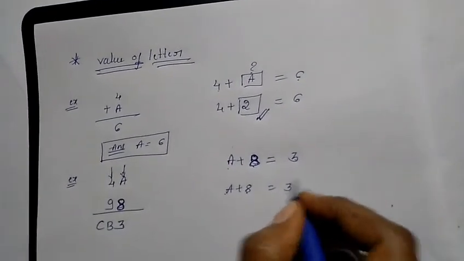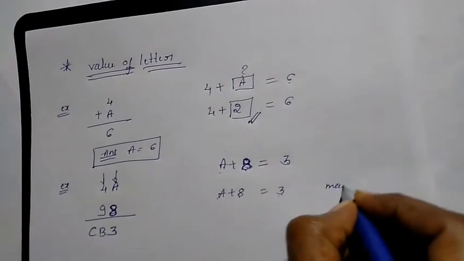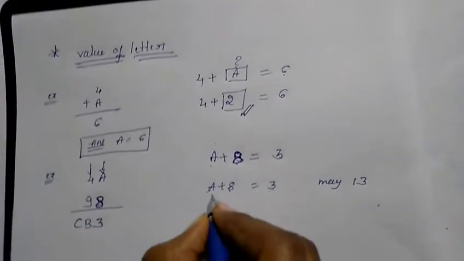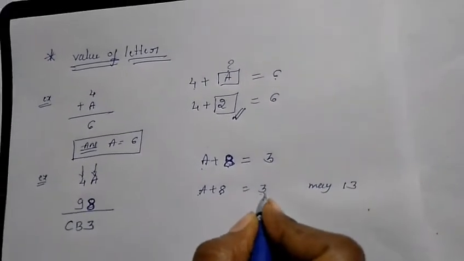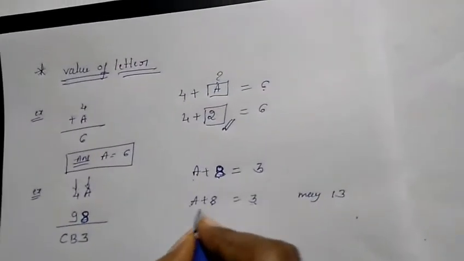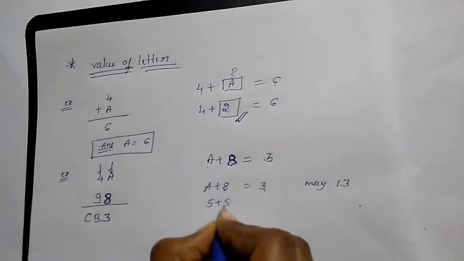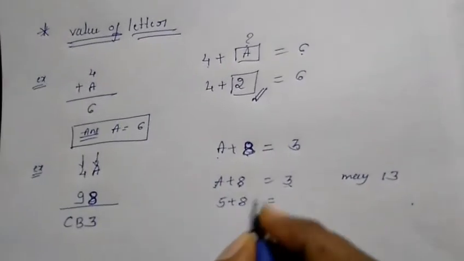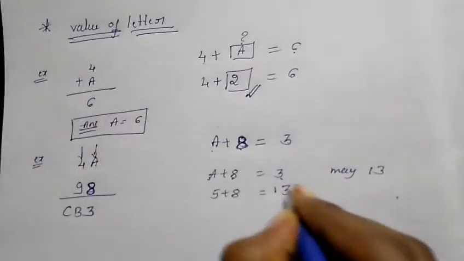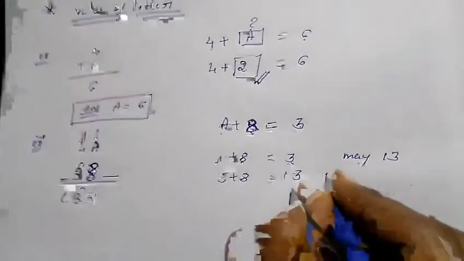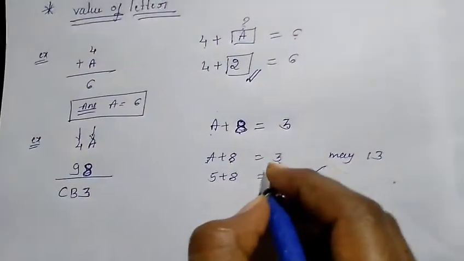So you can think that the number may be 13. The sum of A plus 8 is equal to 13. To get 13, how much do you have to add here? 5. Yes, 5 plus 8 is 13. The number may be 13, but you have to check again.